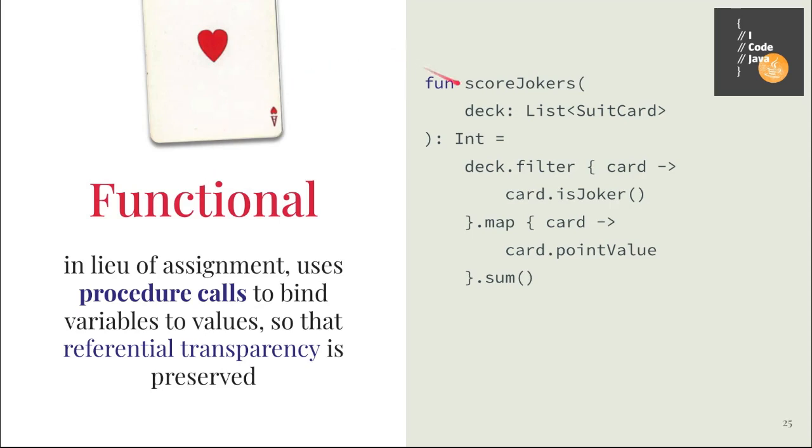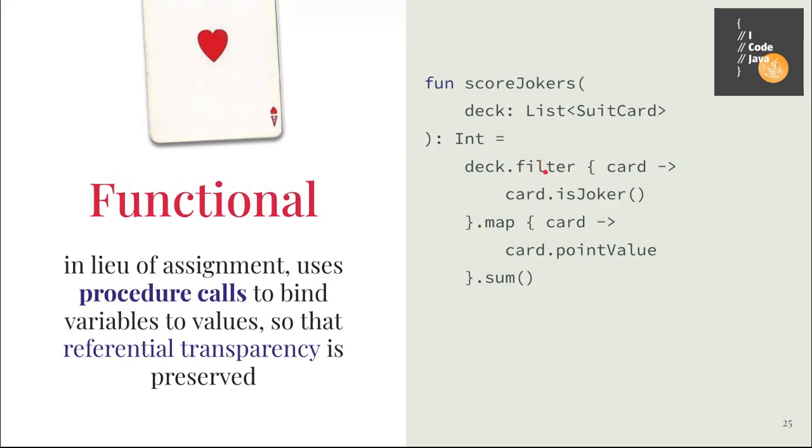And this is a little sample of what functional programming would look like in Kotlin. Remember I said declarative had an underlying framework that you were using? In this case, this is functional, and the underlying framework that I'm using is the standard libraries in Kotlin. I've got this deck of cards, which is a list of these objects. I'm filtering. I'm passing in a function. Remember I said that if the function is the last parameter, you can pull it out in curly braces like that.